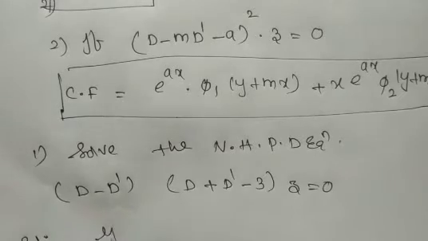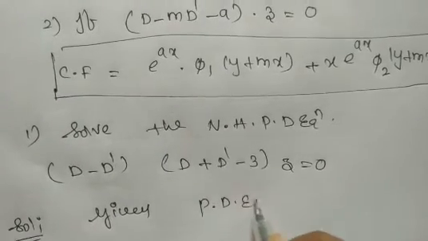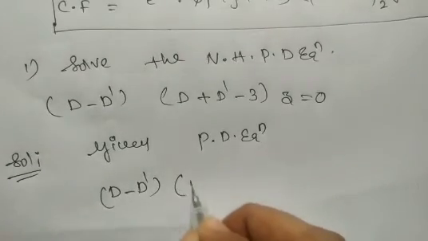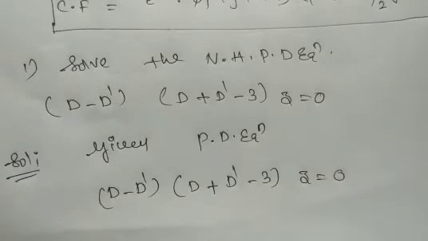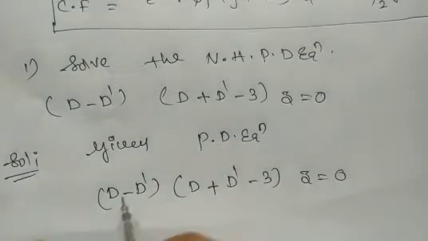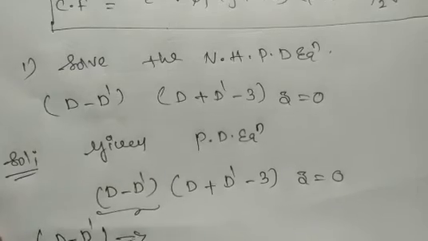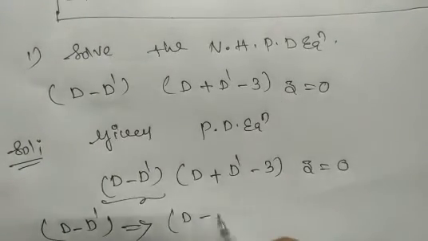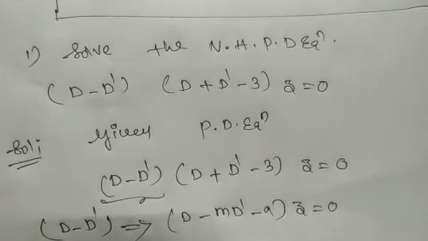First I write the given partial differential equation. Taking the first bracket, D - D', this is in the form of rule 1, that is (D - mD' - a) z = 0.